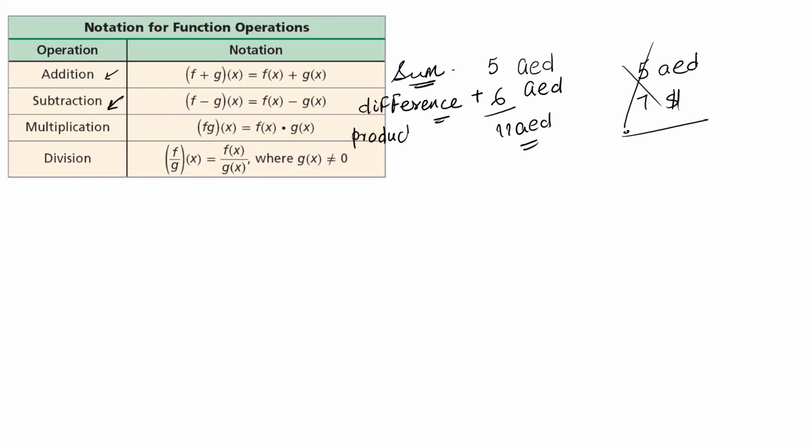In order to find the product of two expressions or functions, you have to multiply them together. Similarly, division is the synonym of quotient. You are dividing the two functions together, which is said to be the quotient of those functions.